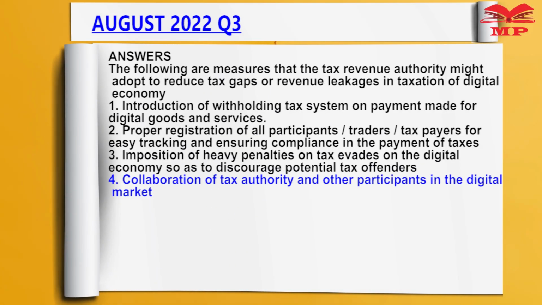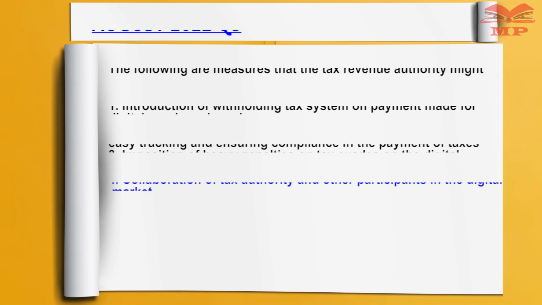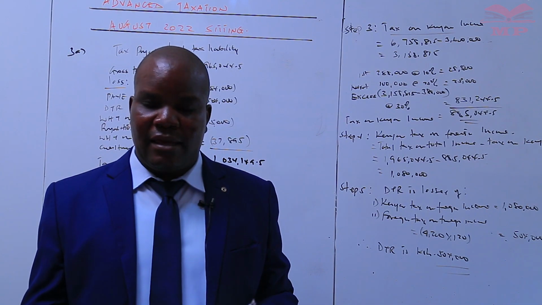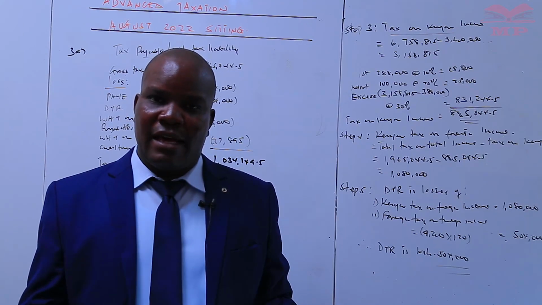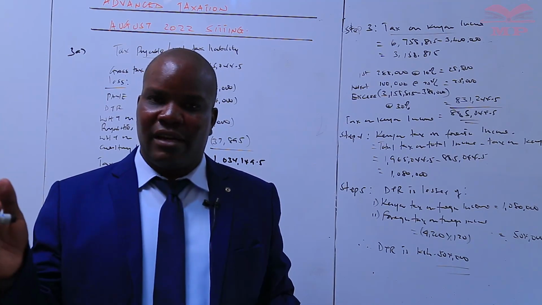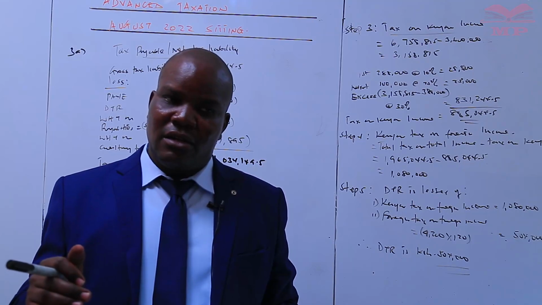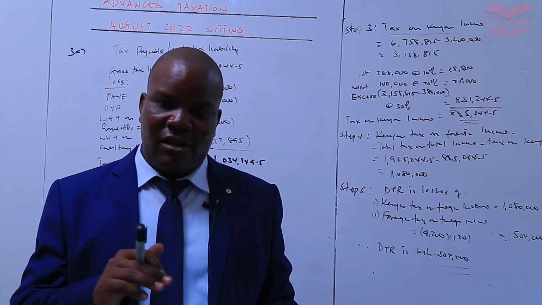Another measure could be the integration, or rather the collaboration, of the tax authority and other participants in the digital market. A good example today in Kenya is KRA collaborating with financial institutions like banks to ensure that there is compliance by all taxpayers.